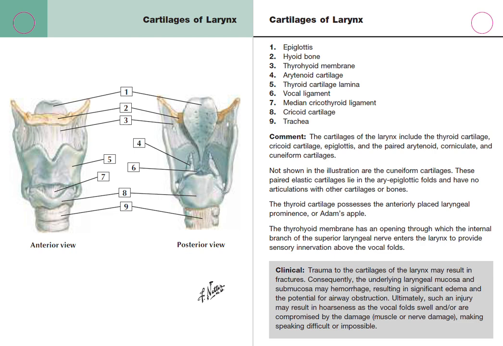Consequently, the underlying laryngeal mucosa and submucosa may hemorrhage, resulting in significant edema and the potential for airway obstruction. Ultimately, such an injury may result in hoarseness as the vocal folds swell and/or are compromised by the damage, such as muscle or nerve damage, making speaking difficult or even impossible.